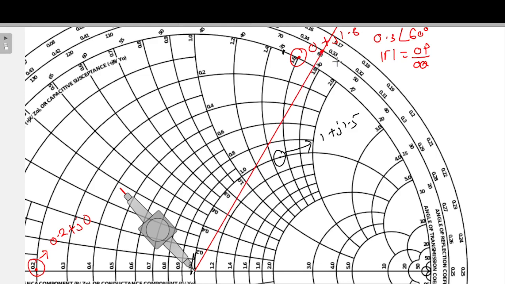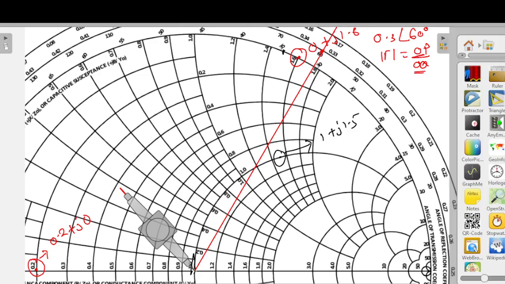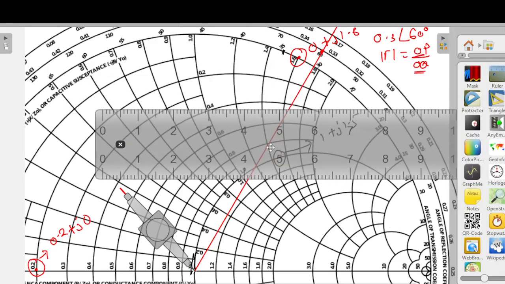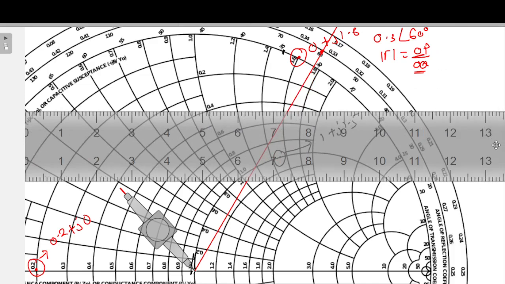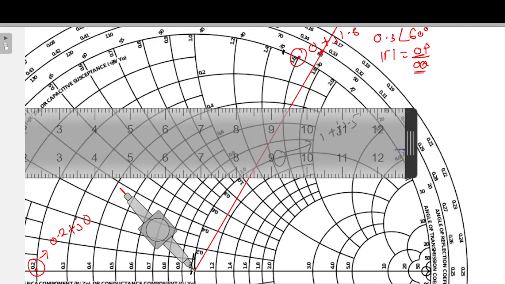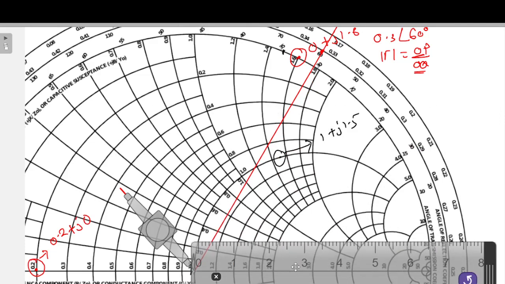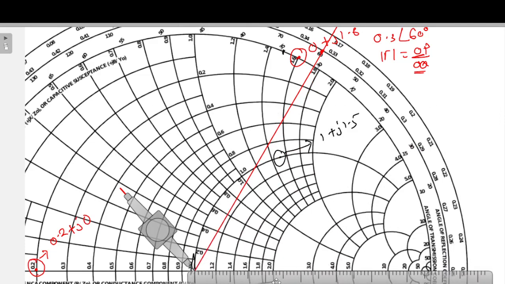Now we need to know the value of OP. We need to locate the point. OQ we already know. So what is the OQ value? Let us measure that. How do we measure this? Just take a scale, keep it at the center and measure the value.